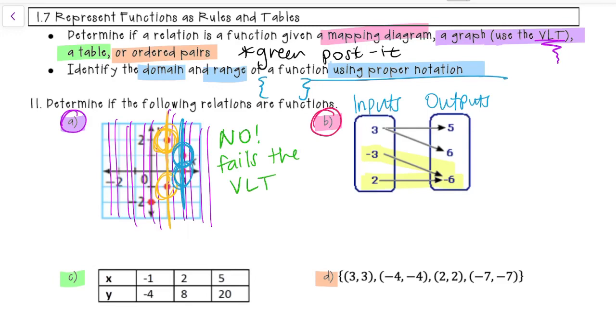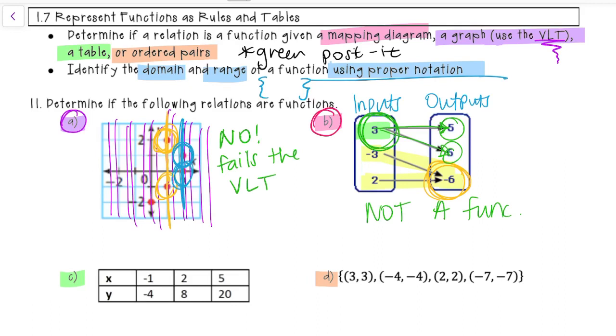You can have multiple arrows going to the same number, but what we don't like about example B is this input of 3, because that input has 2 different outputs, 5 and 6. I think on that green Post-it we said only 1 arrow coming from each input. Well, the input of 3 has 2 arrows going away from it, so this one is not a function.